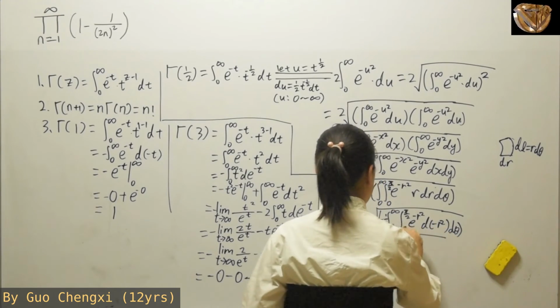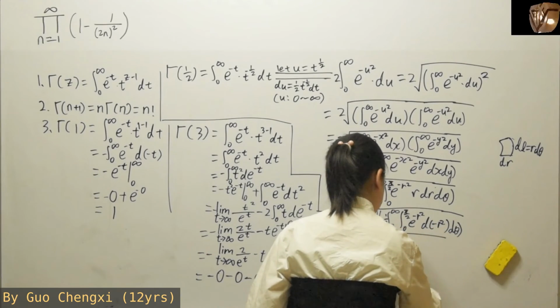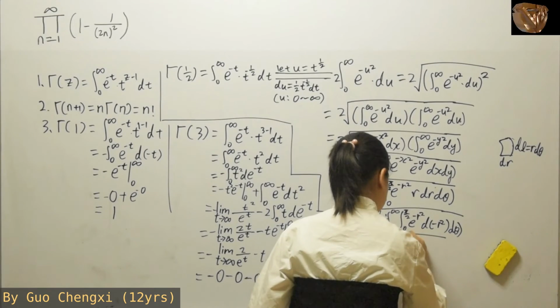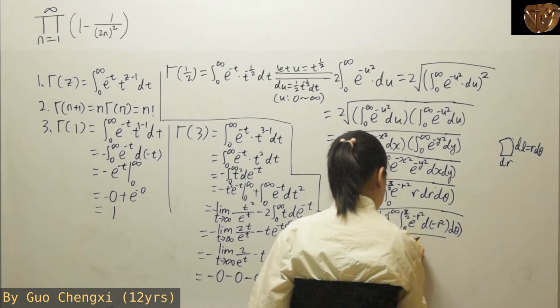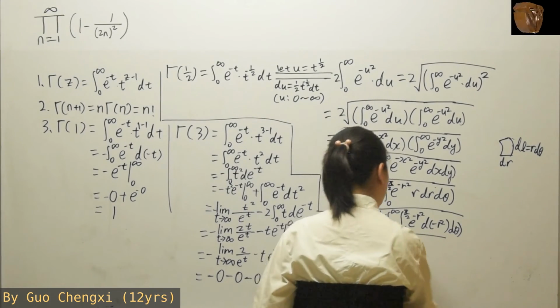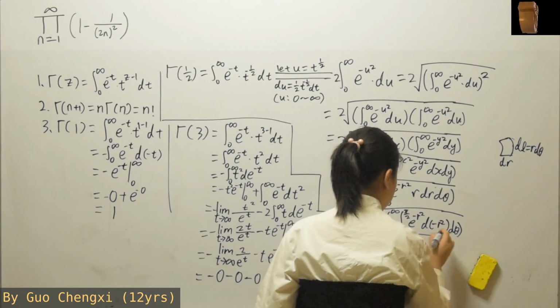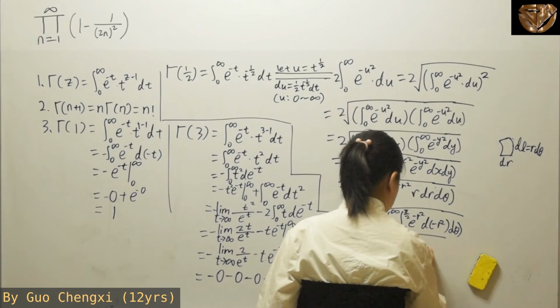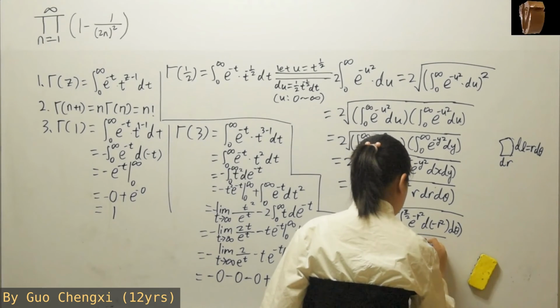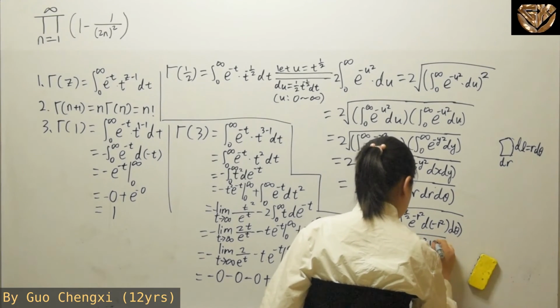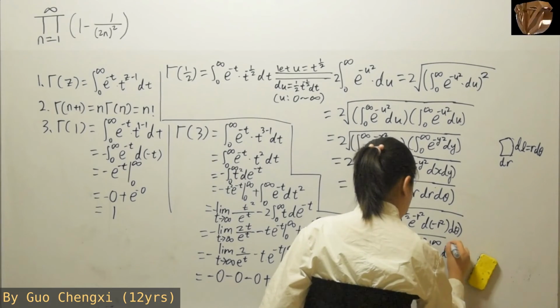for this part you can integrate it already, which you'll get, whoops, I used the wrong one, and over here 0 to pi over 2, what you have is e to the power of negative r squared from 0 to infinity d theta.